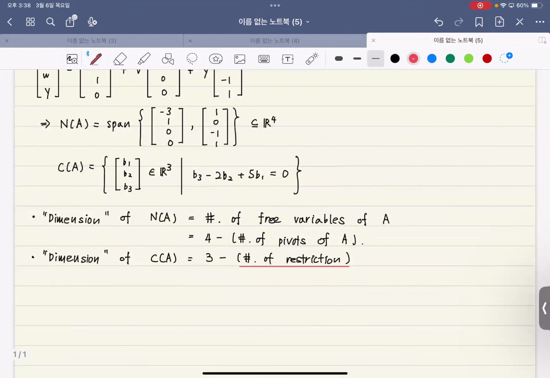So this is the same as the number of zero rows in U, which is the same as the number of rows of U minus the number of pivots.